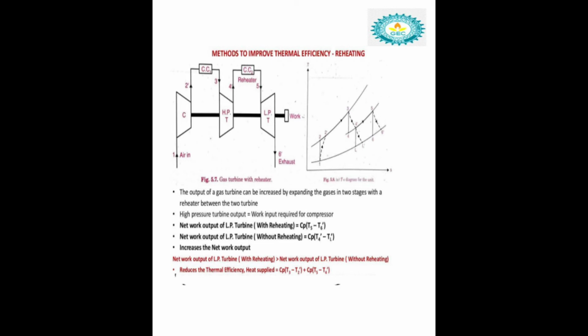See the diagram: work output of the low pressure turbine with reheating is greater than without reheating, so it reduces the thermal efficiency. Heat supplied is equal to Cp into (T3 minus T2') plus Cp into (T5 minus T4'). This is the thermodynamic analysis part of reheating.